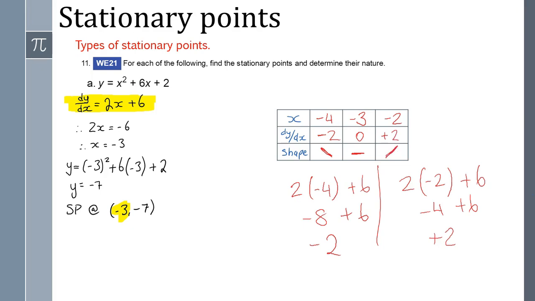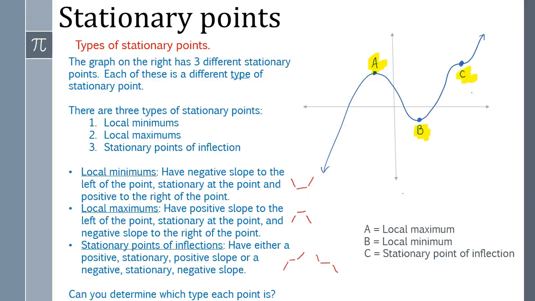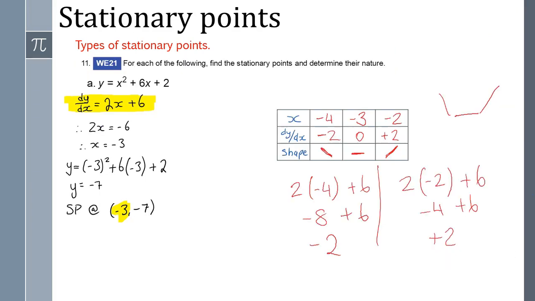Now, from that table, you can see that down, flat, up is our local minimum. Okay, and it kind of draws it for you. If you think about that, it's a quadratic. It goes down, it hits a minimum, and it goes back up. That's a minimum that it reaches. Okay, so those tables we need to use for kind of everything that we work through. If they ask you to justify the type or determine their nature, this is what we're talking about.